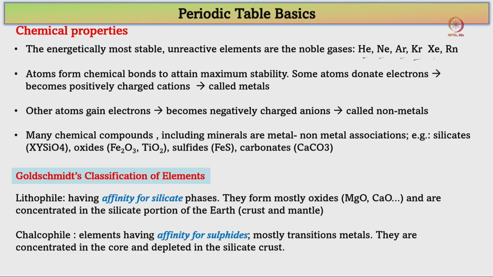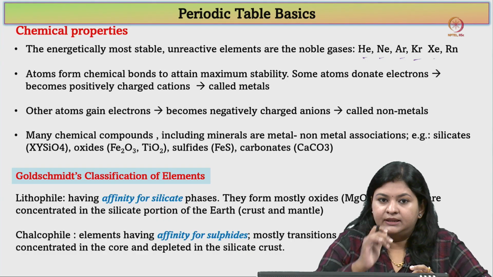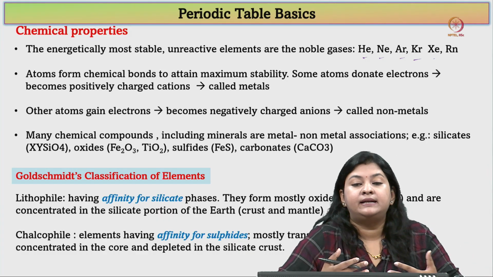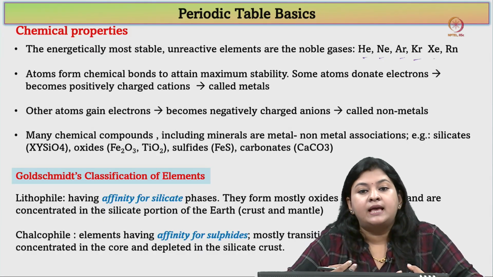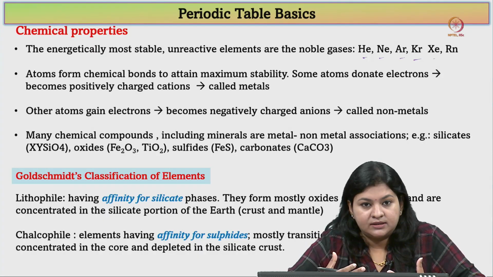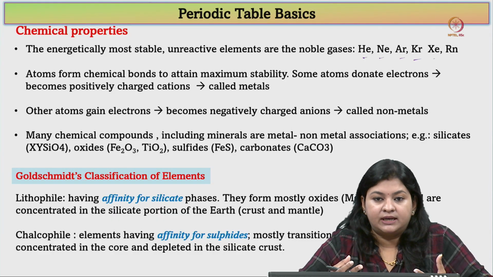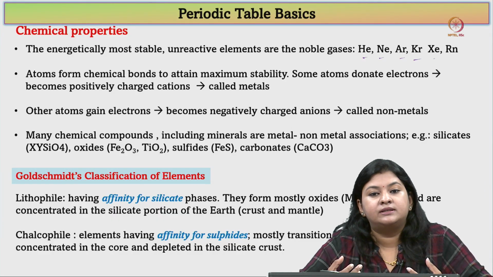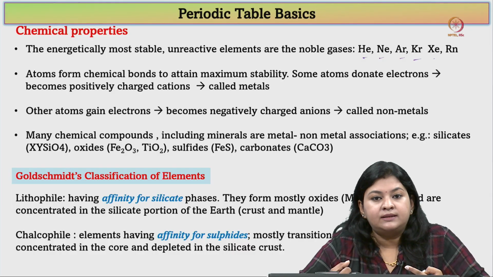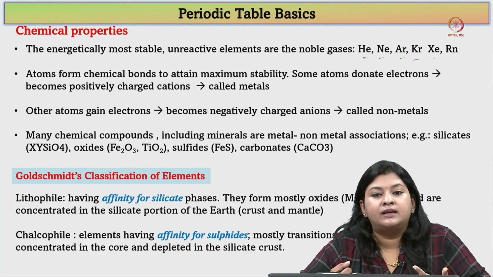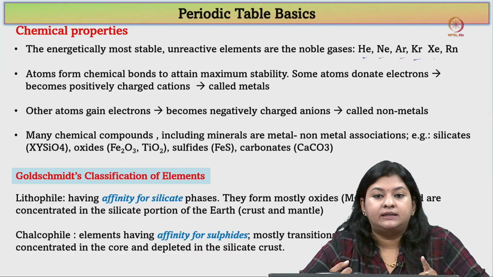Atoms other than these elements form chemical bonds to attain chemical stability. So, they will be exchanging electrons. Either they are giving out electrons, so they are cations, or they are accepting electrons, they are anions. The ones that give out the electrons get positively charged, and mostly they will be called metals.